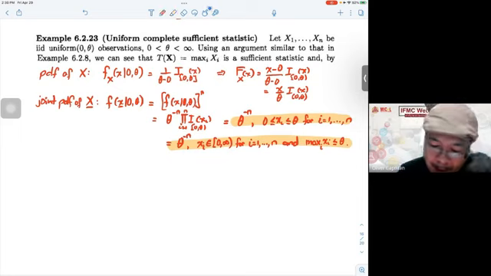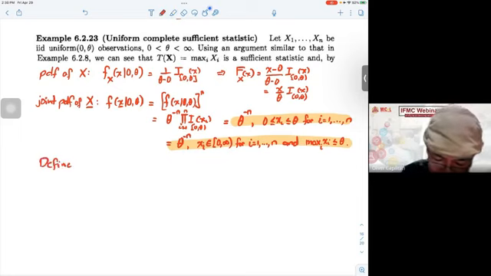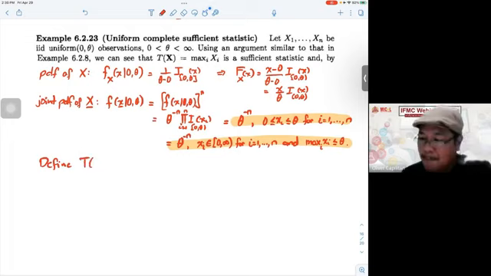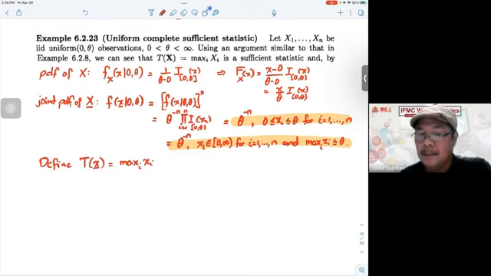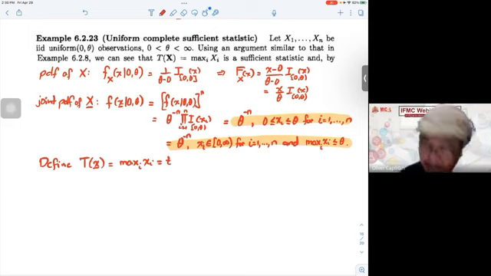If we now define T of our observed sample, T of x, to be equal to the maximum of the x sub i, let's have this equal to t.